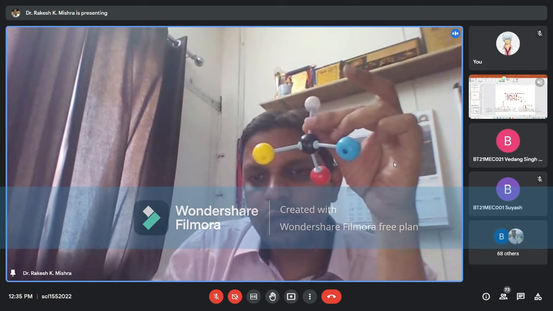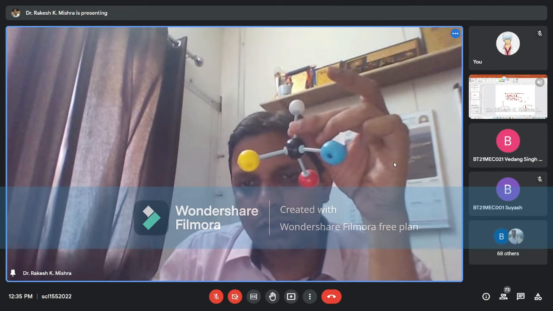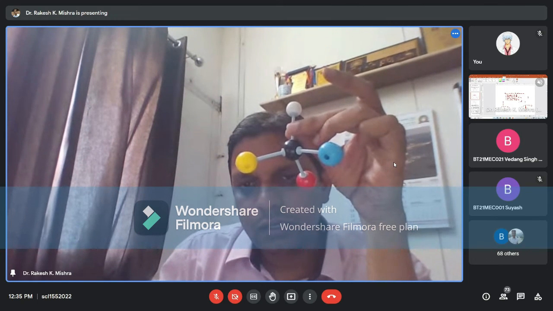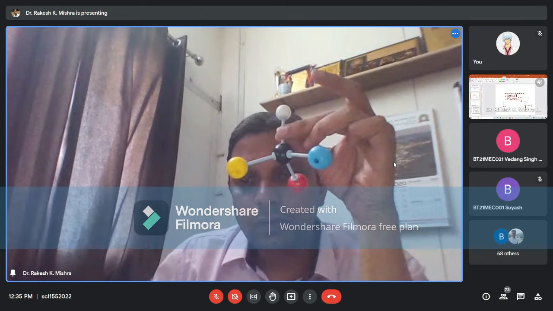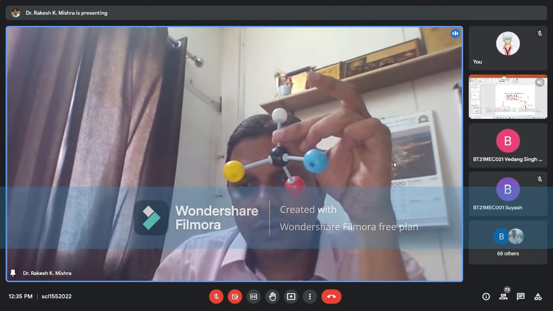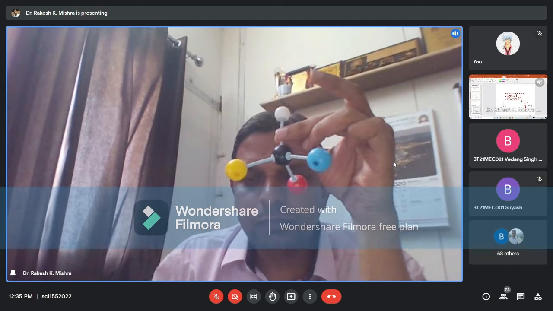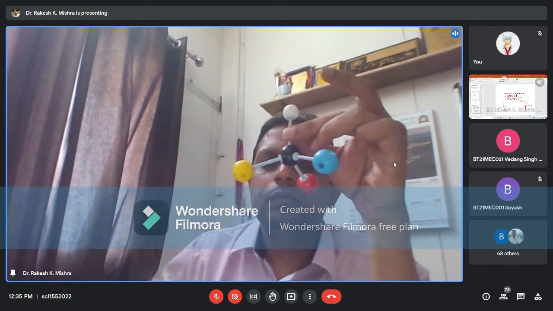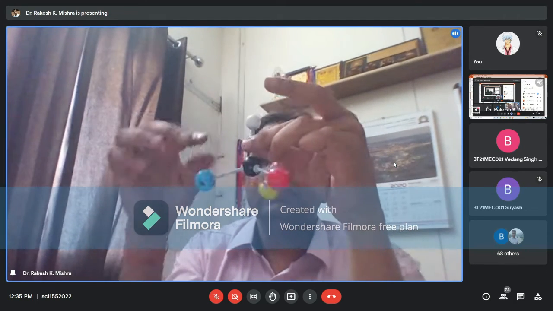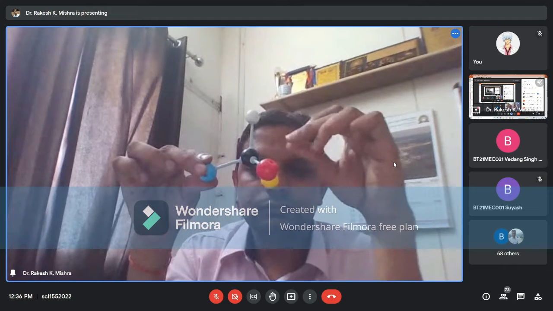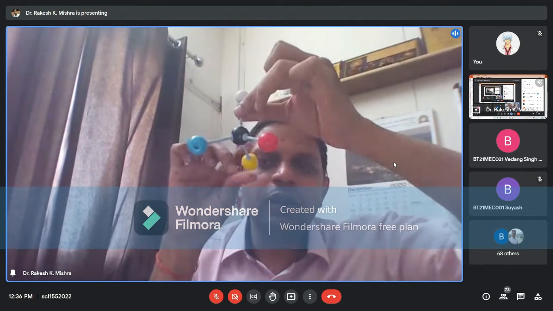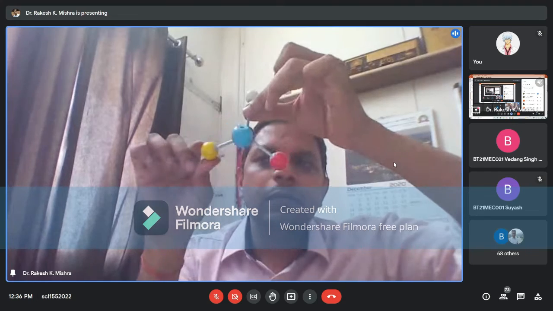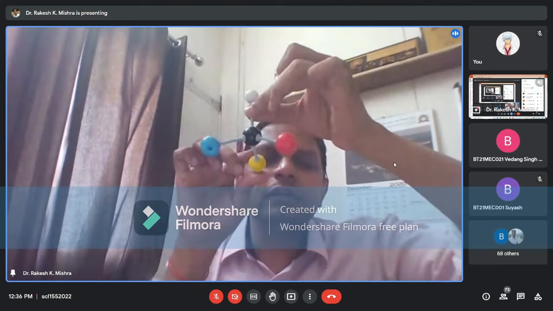Now if you rotate it towards this one, this was the plane. Now 4 will come at the place of 2. If you are rotating, the back, the yellow, black was the back. Now this comes in the plane.